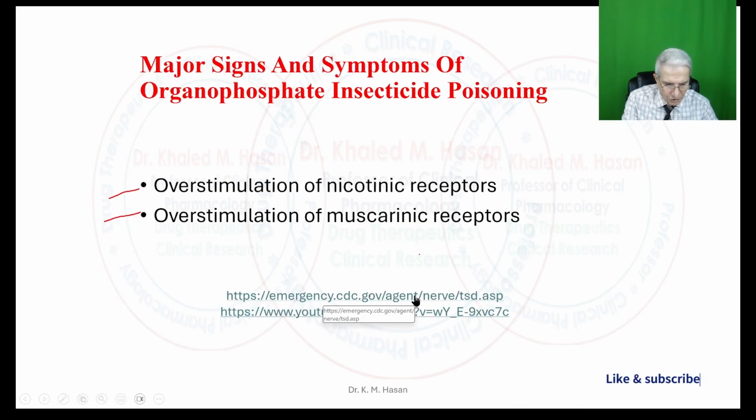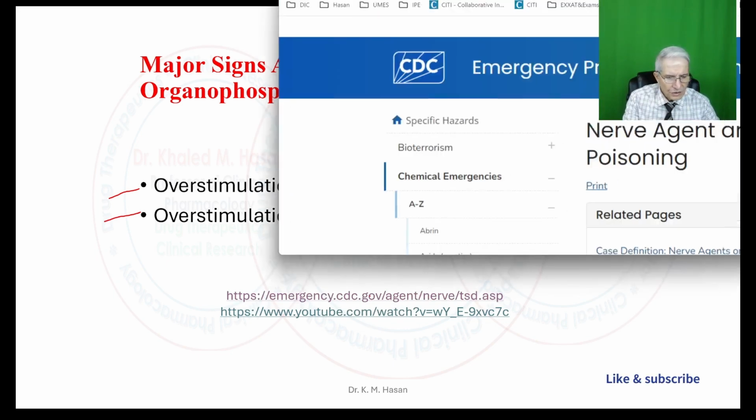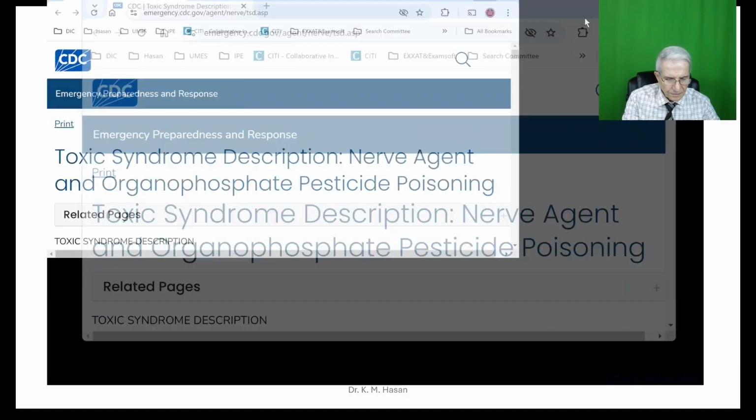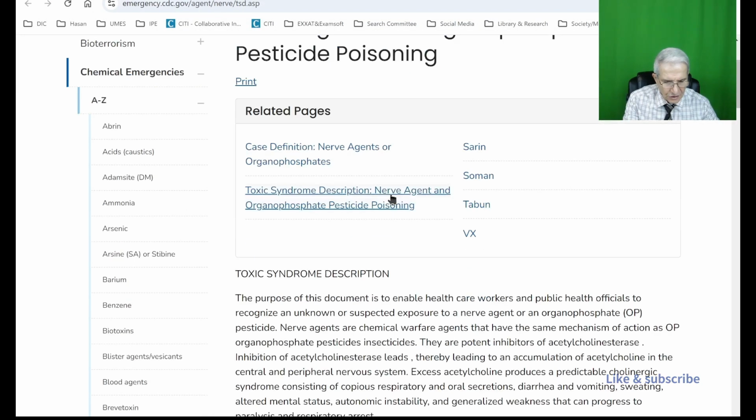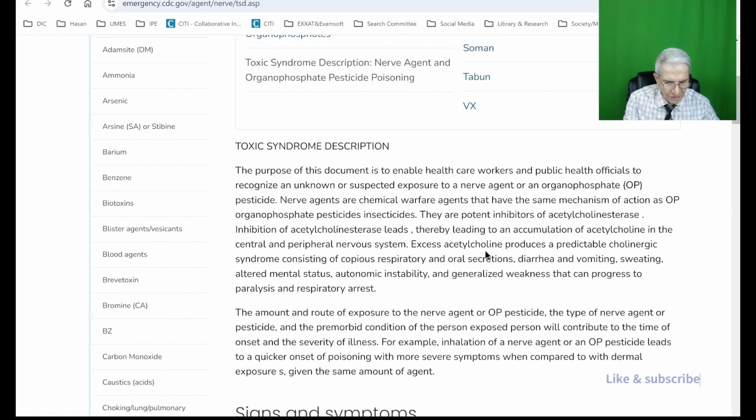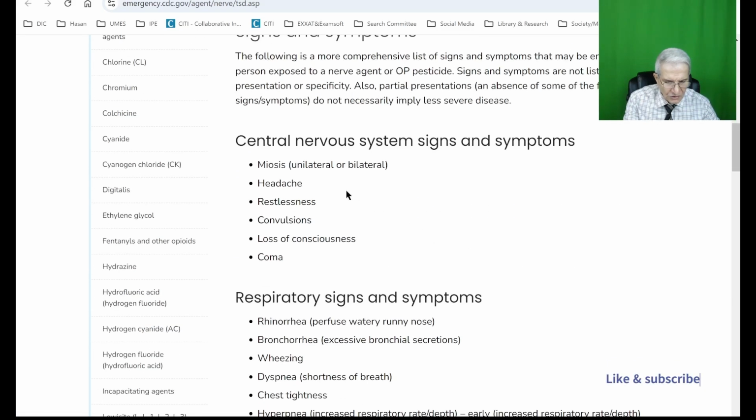If you click on the CDC emergency treatment, I will share the screen with you from the CDC. Nerve agent and organophosphate pesticide poisoning, another name is sarin gas, and we have several names there. And you can see the signs and symptoms here, because all receptors will be stimulated.